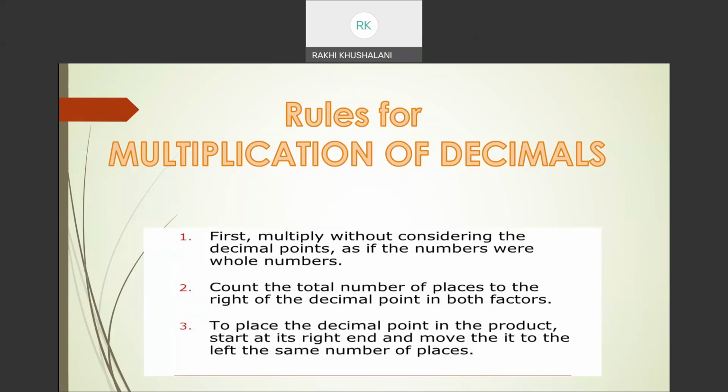To place the decimal point in the product, start at its right end and move to the left the same number of places. Always raise your right hand, and then move your left hand. So that means you are going to move in that direction.